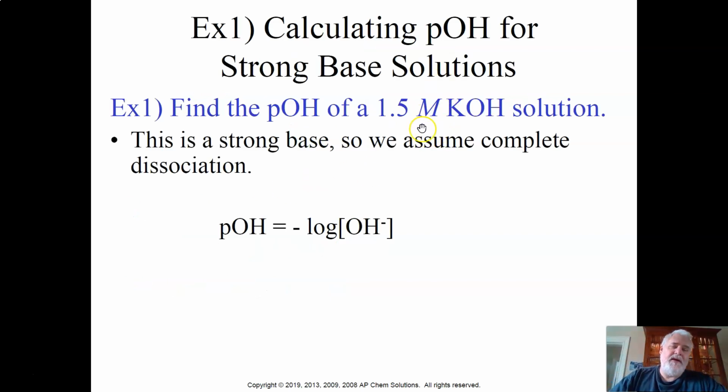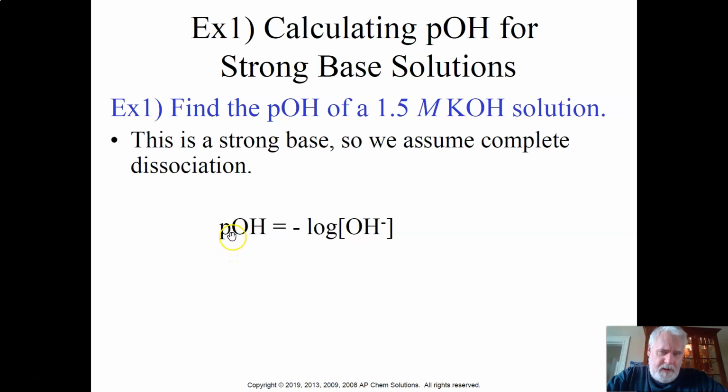So you see, that's why it's up to you to look at KOH and say, oh, that's a strong base. So basically, you're going to have 1.5 molar concentration of OH, because it's all going to break up and lean completely to the right because it's a strong base.